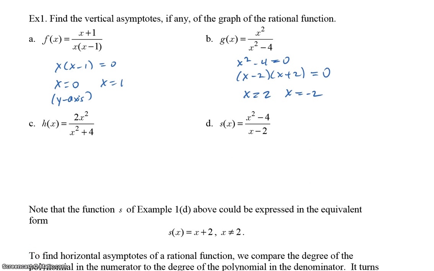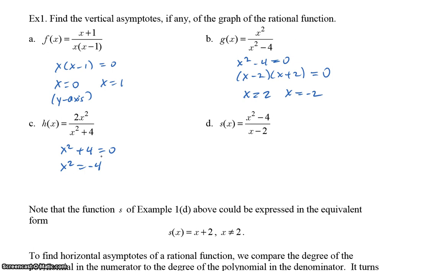Next, example 1c, h of x equals 2x squared over x squared plus 4. If we take the denominator here and set it equal to 0, what we should recognize is that there's no real number solution to this equation. There is no real number x whose square is negative 4.